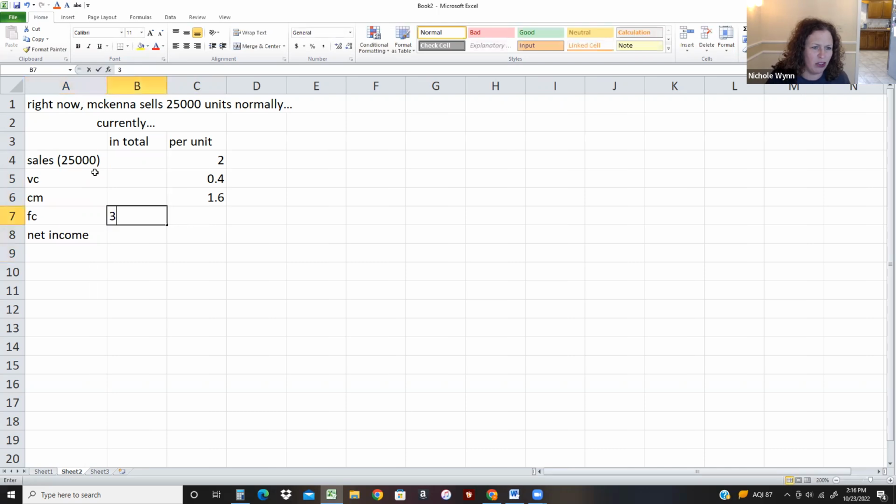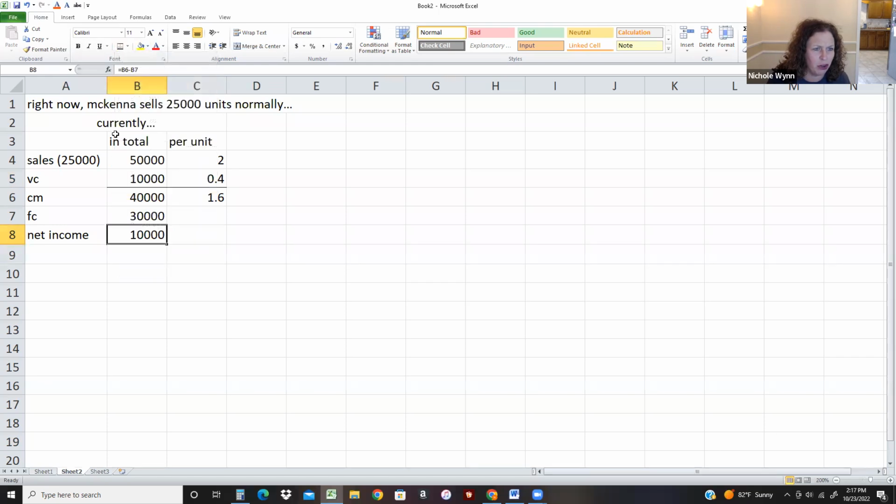And right now our fixed costs are 30,000. So if we take 25,000 times 2 and 25,000 times 0.4, 50 minus 10 is 40, 40 minus 30 is 10,000. So right now I would say that I'm making $10,000 with the current method.